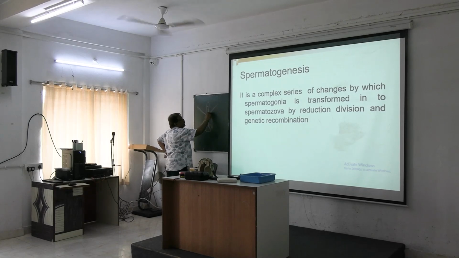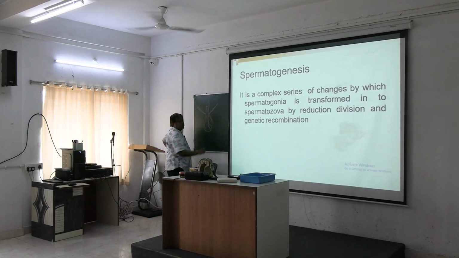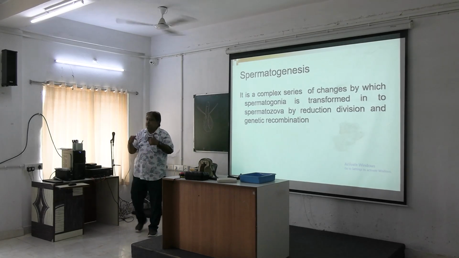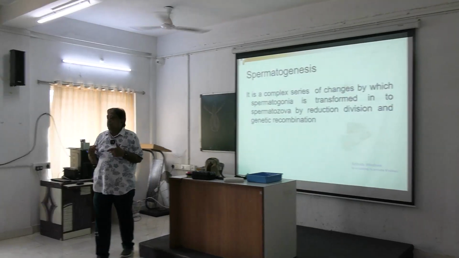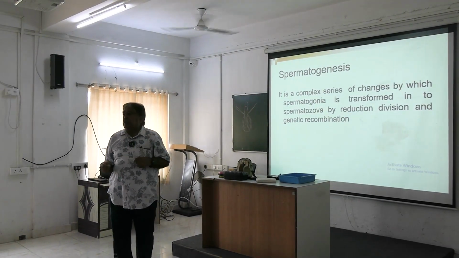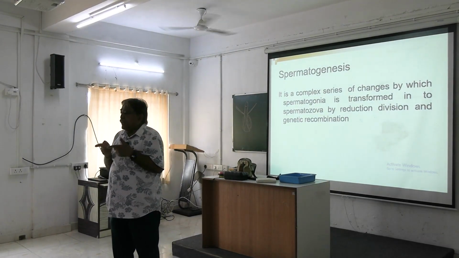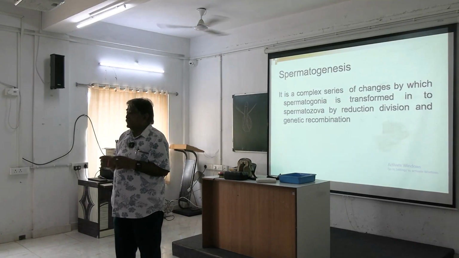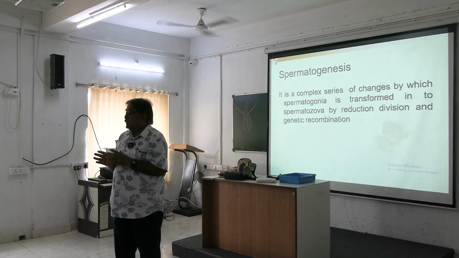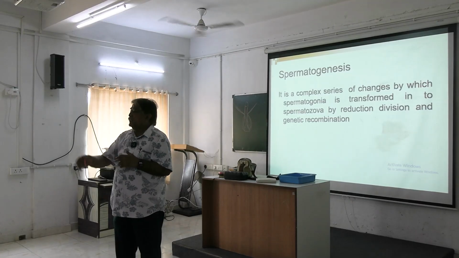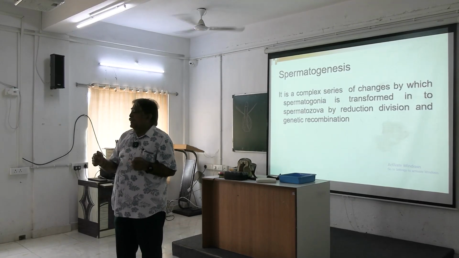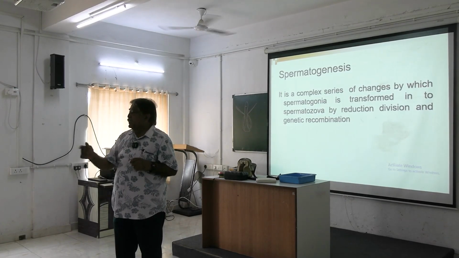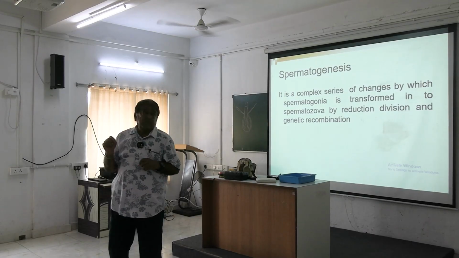The seminiferous tubules open into the prostate. In the prostate it goes, and from there to the prostatic part of the urethra, and then through the penile urethra.